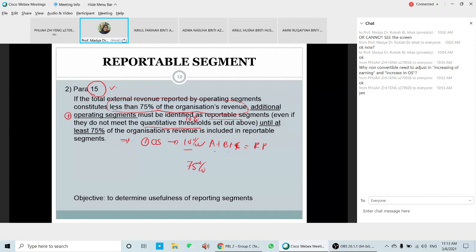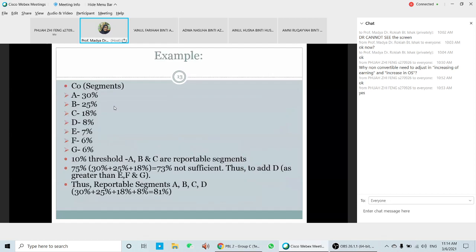Let's say A, B, and C add together: 10, maybe 20, another 20, so altogether 50. The 50 does not fulfill, so you need to add maybe D or E, even though D or E do not fulfill the 10% test. Okay, so this is the example that we have here.